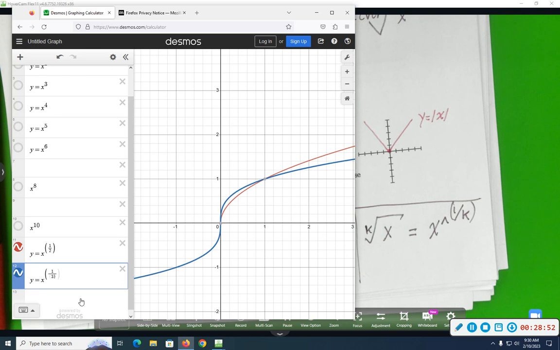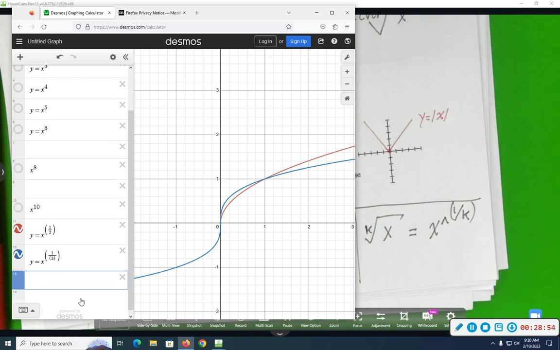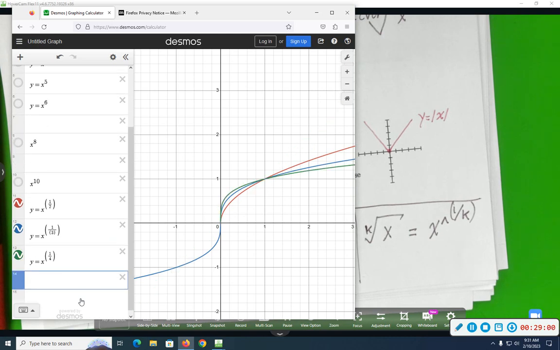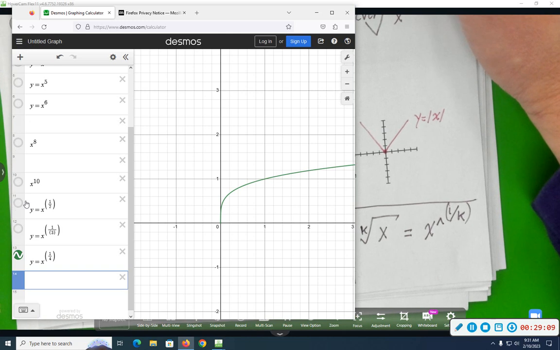Cube root function looks like we said it should look like. Does the fourth root function look like what we said it should look like? All right, cool. So let's carry on.